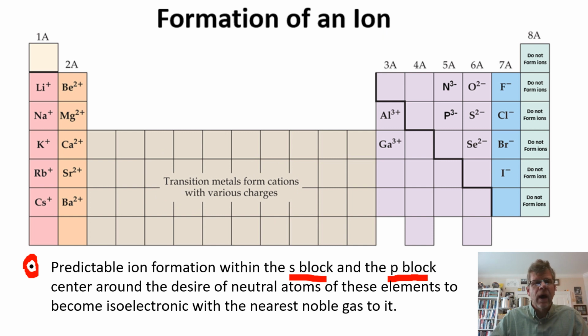In any event, predictable ion formation within the s block and the p block centers around the desire for these neutral atoms of the elements to become, fancy science word again coming at you, isoelectronic with the nearest noble gas to it. So not the one that preceded it, but whichever one is closer. And let's take a look at how that might happen on the next slide.